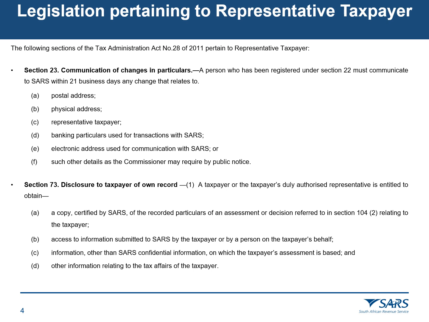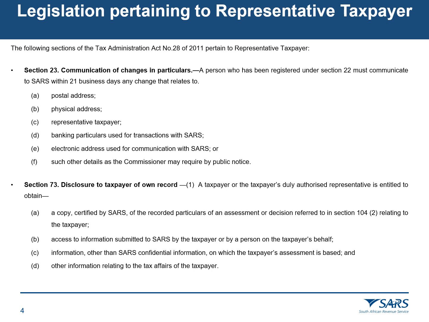Legislation pertaining to representative taxpayer. The following sections of the Tax Administration Act, number 28 of 2011 as amended, pertain to representative taxpayer. Section 23, Communication of changes in particulars.